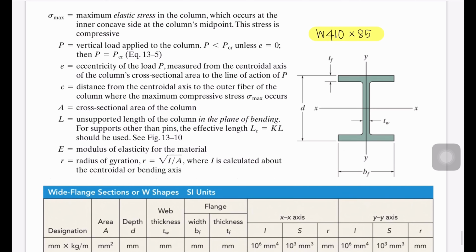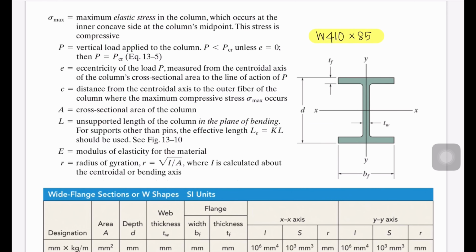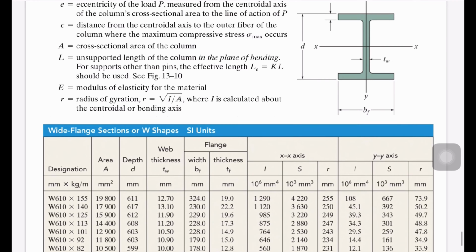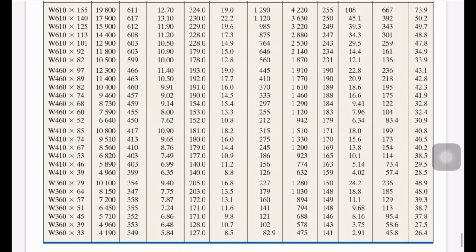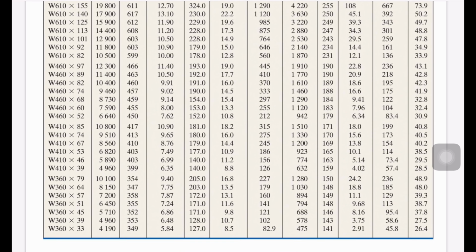We need to refer to the table for W 410 times 85. So you just check the table. It is here, 85. So here, this one. Just underline all the parameters.